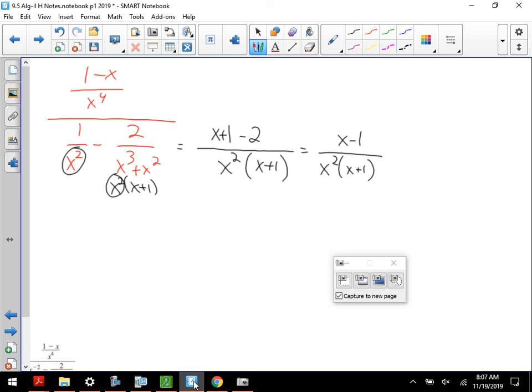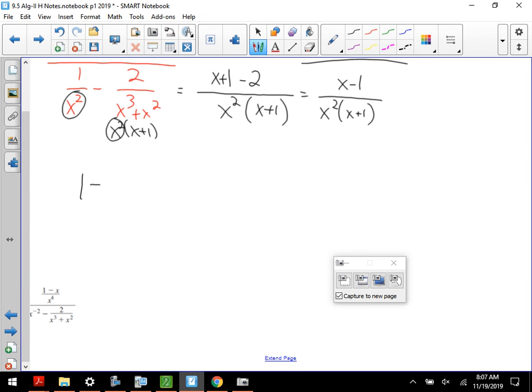One up top, nothing really to do with it, so I just keep bringing it all the way over. So I have the 1 minus x. Say keep, change, flip. So we have 1 minus x over x to the 4th times x squared, x plus 1, all over x minus 1.